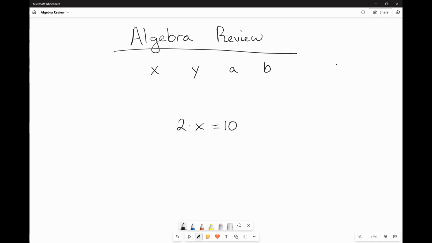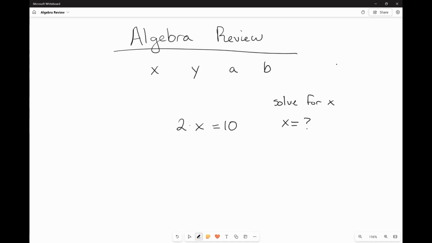But what we do with algebra is we will have equations and expressions like this, and we will say that we want to solve for x. That is, we want to figure out what x equals. We want to isolate x, to get x alone and see what it is equal to.